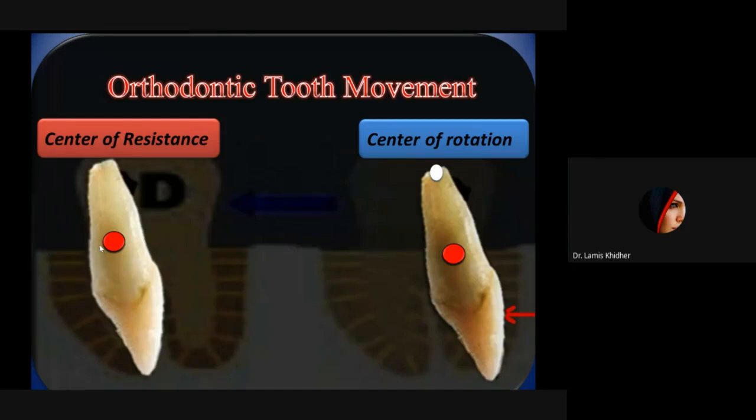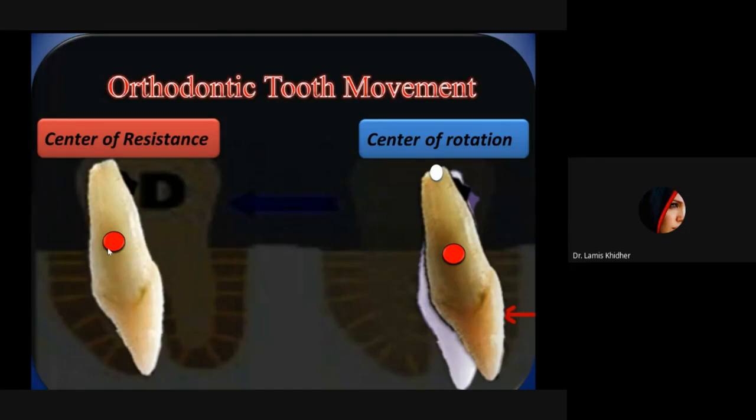The result of the position of the center of rotation at the apex of the root will give me a controlled tipping movement. The second type of tooth movement is controlled tipping movement. It is characterized by movement of the crown in the direction of the force application, and the root apex will be approximately fixed in its position.